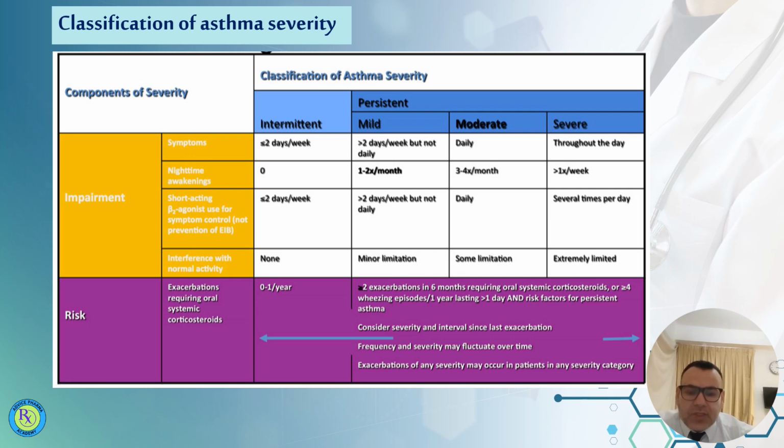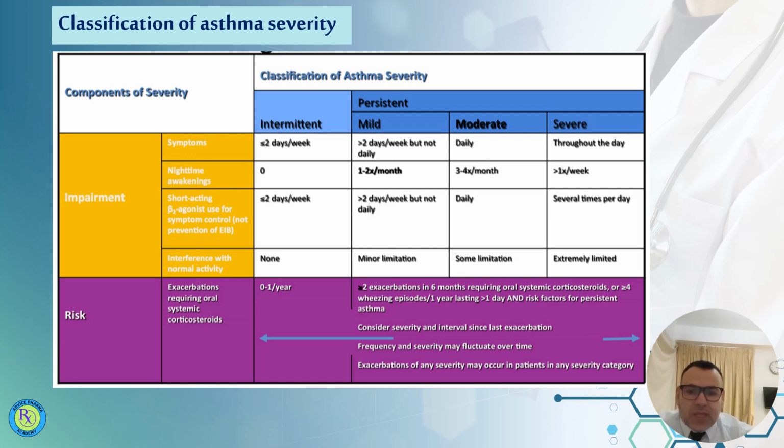Regarding exacerbation, the patient will have 0 to 1 attack per year. In persistent, the risk of exacerbation is when the patient has 2 or more attacks per year, so he is classified as persistent. Persistent can be subclassified into mild, moderate, and severe according to also the symptoms: nighttime awakening, use of SABA, and impairment of activity.